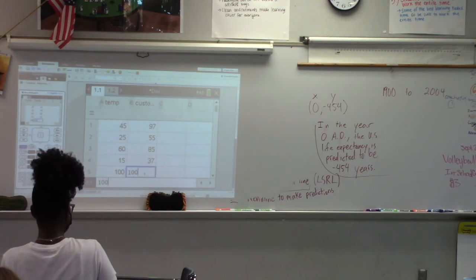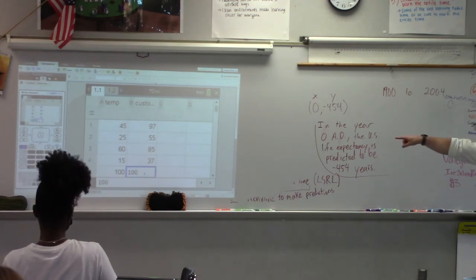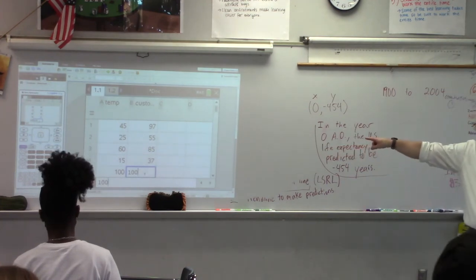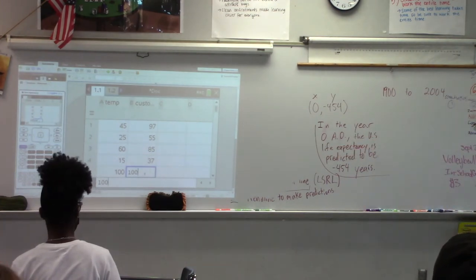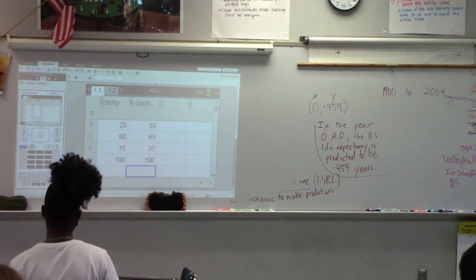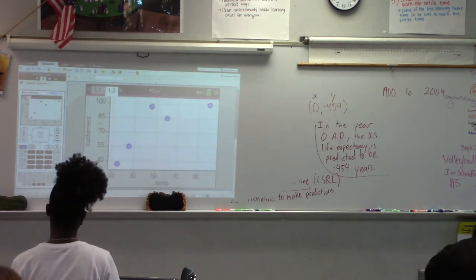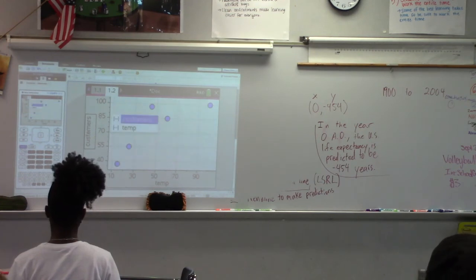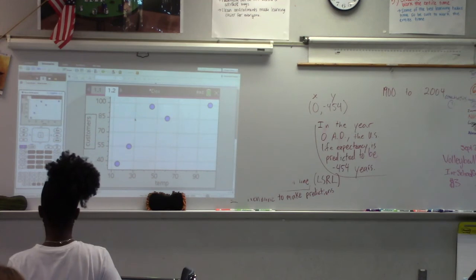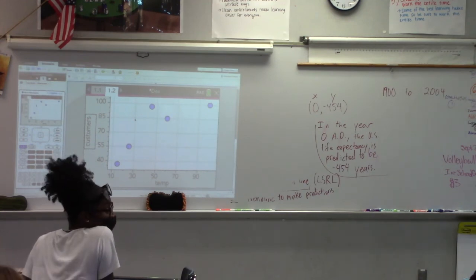If you still have your 100 right there and you haven't hit enter, you don't have a 5th data point yet. Hit enter, that creates the 5th data point. Then come back here, hit that one again and re-put that variable in and it'll fix itself. Yes? There we go.